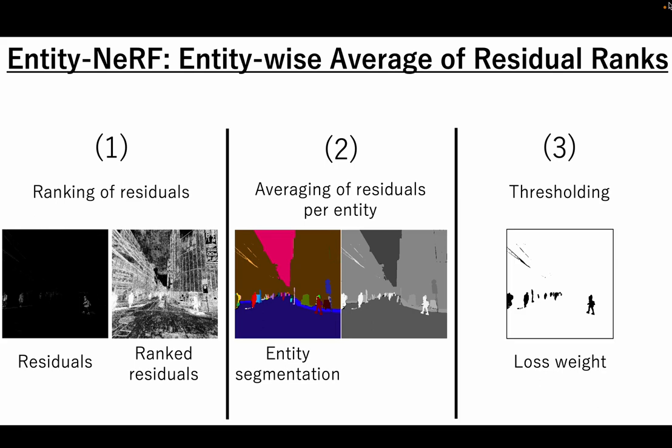By taking statistics of errors for each entity, ER ranks the residuals between rendered colors and observed colors, calculating the average of these residual ranks on an entity level. If this average is large, meaning there is consistently a large residual within the entity, it is considered a moving object and is excluded from learning.